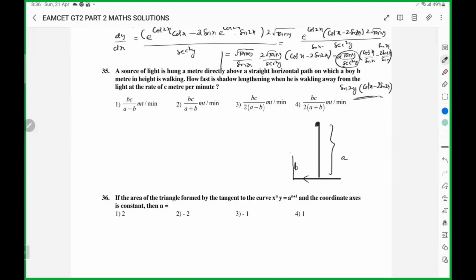Here is the light, the boy is here, the shadow will be here. Suppose the boy started walking and the shadow will be here. So this is X, this is Y. So Y is the length of the shadow. dy by dt is the rate at which the shadow is lengthening.